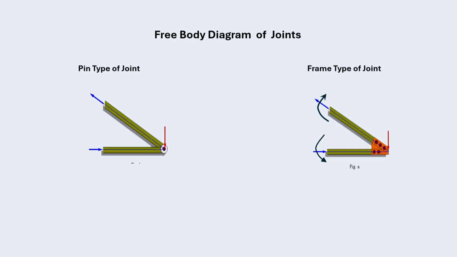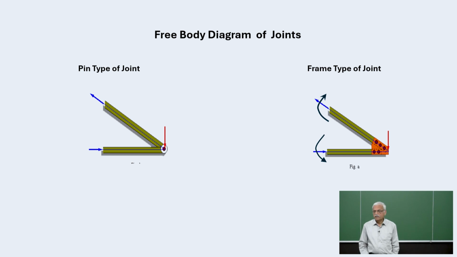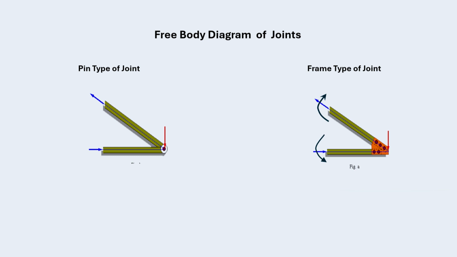Okay, so if you look a little bit more closely at the pin type of joints, where the members are joined by circular pins, assuming that they're frictionless joints, then the forces there, as you may have done in your structural mechanics, on the pin surface have to be normal, in the sense that they're radial. All those forces put together pass through the center, and all of them can be shown as one single force passing through the center.